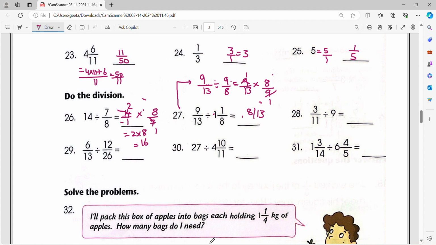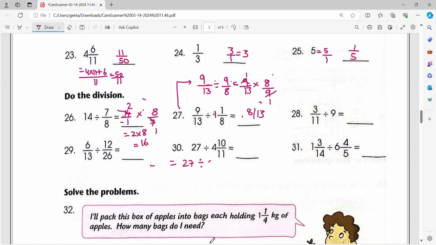Okay. Next is the 30th. I want you to read the 30th question. 27 over 1 divided by 4 whole 10 over 11.